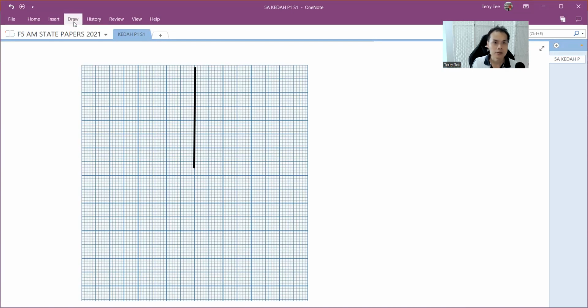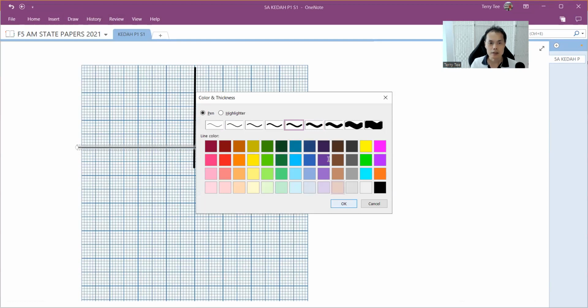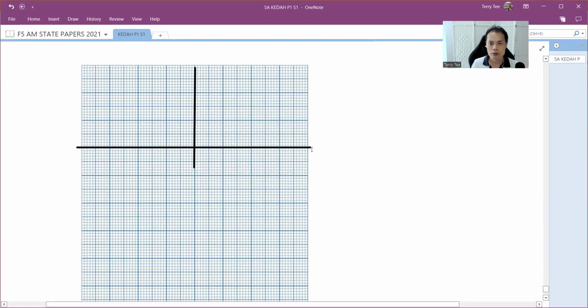This point over here. Need to adjust it. Let's make it darker like this, easier to see. So now this is your x-axis, this is your y-axis.